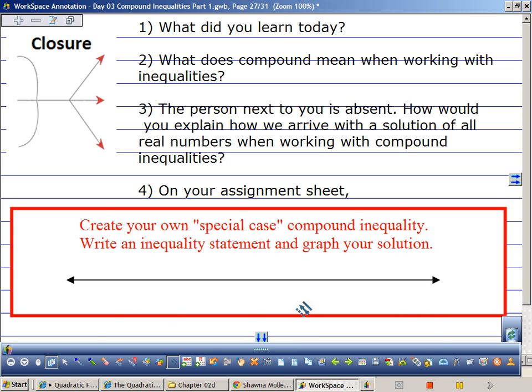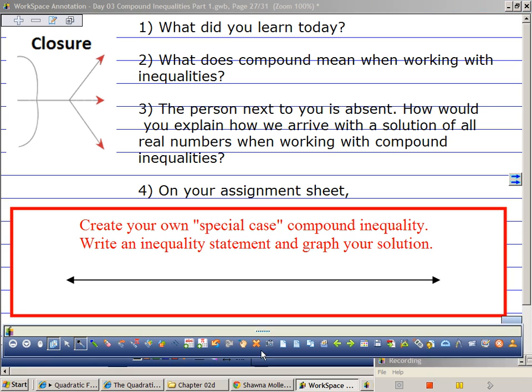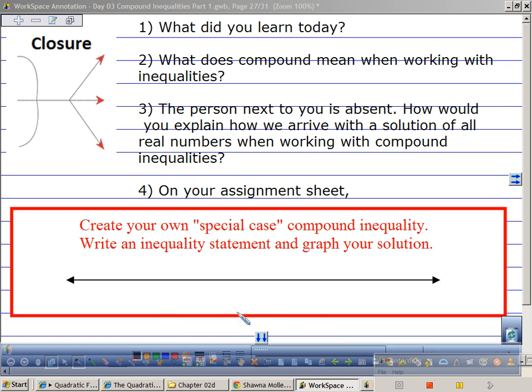Let's create our own special case. You guys create one. Everything over 8. How about everything less than 8? Okay, that would be x is less than 8.